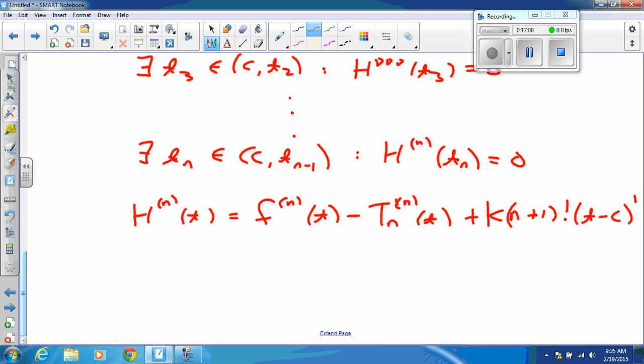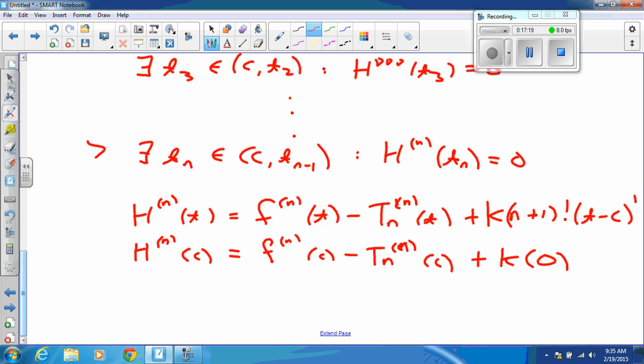Okay. And now I examine this at Tn. I've already got a place where the derivative is equal to 0. I better examine it at C also. And when I examine at C, I get the nth derivative at C minus the nth derivative at C plus k times 0.